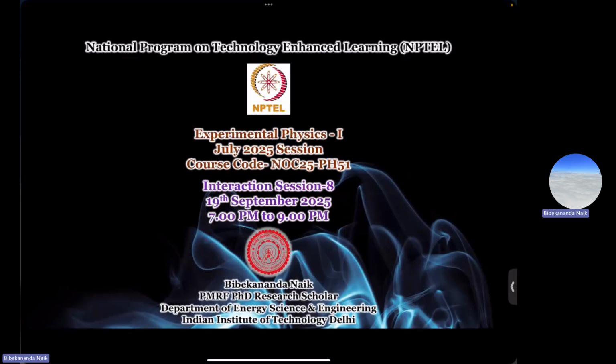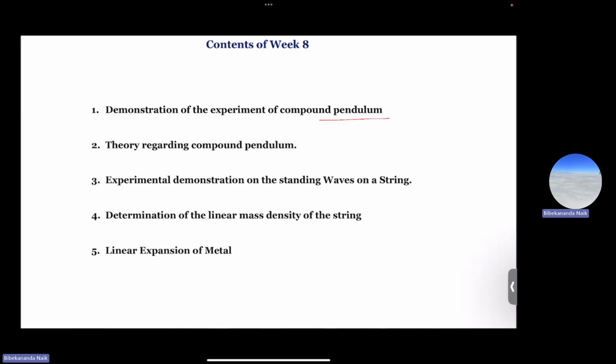So today we will be solving a few sample problems based on the week 8 course content or lectures of the course in Experimental Physics 1. The content of week 8 contains the demonstration of the experiment of compound pendulum, the theory regarding compound pendulum, then experimental demonstration of standing waves on a string, and determination of linear mass density of the string where the experiment was performed.